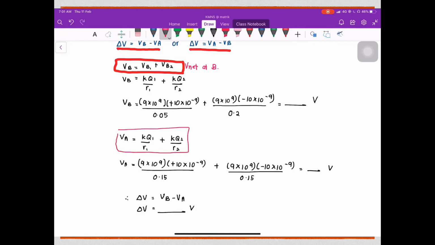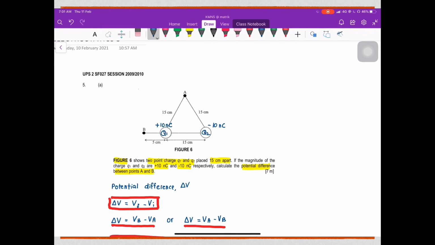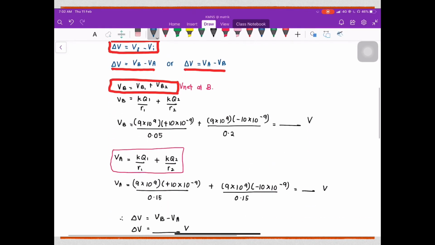Because here we have two or more point charges. So when we have two or more point charges, we need to determine V net at each point. Clear?